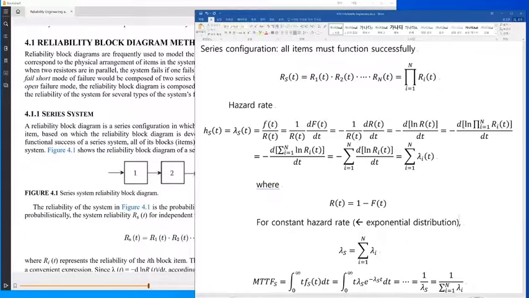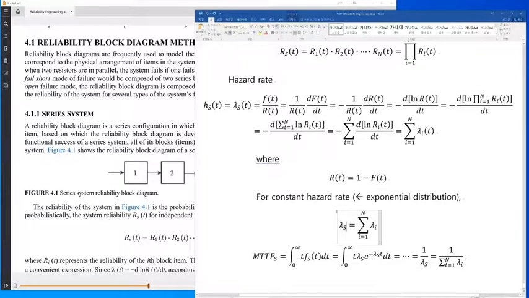So if the hazard rates are all constants, then the system hazard rate is also given as a constant, and of course the reliability function will be given as exponential minus lambda s t. So let me add one more line here.